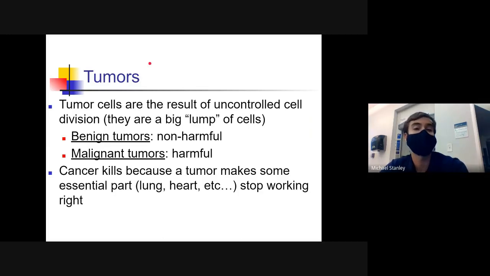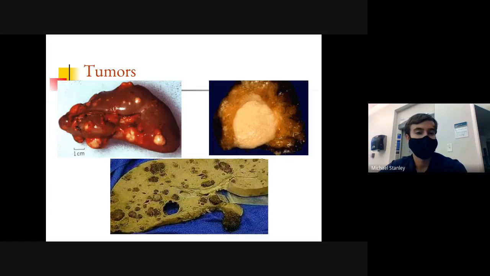And eventually, there's just too many cells, and they overtake some especially essential part of the body. So there's all sorts of different gross tumors that can grow in all sorts of different areas of the body. But again, they're just thousands and millions of cells that just grew and divided and grew and divided and would not stop.